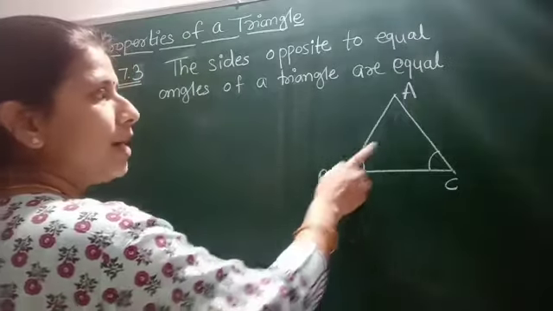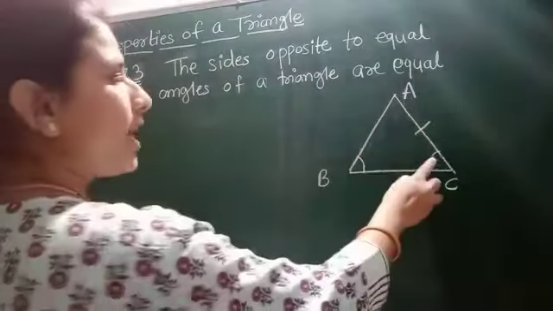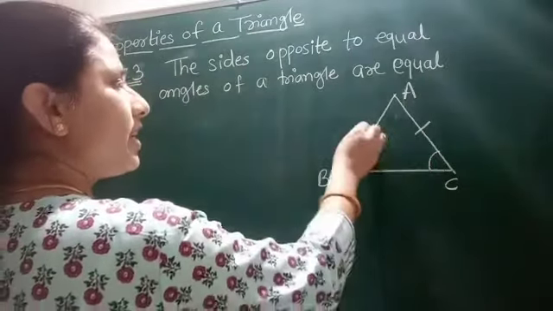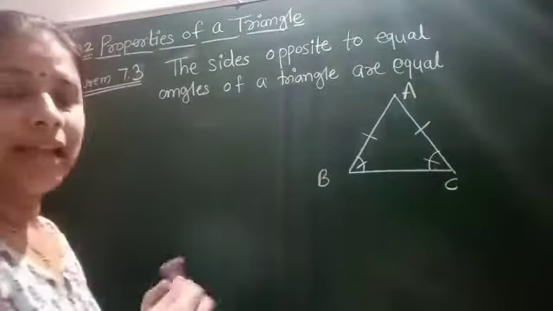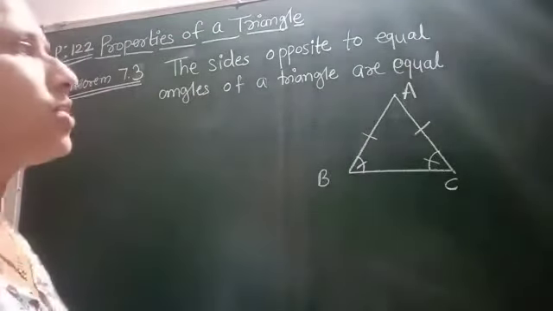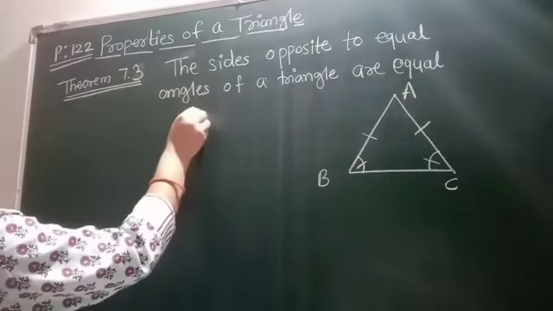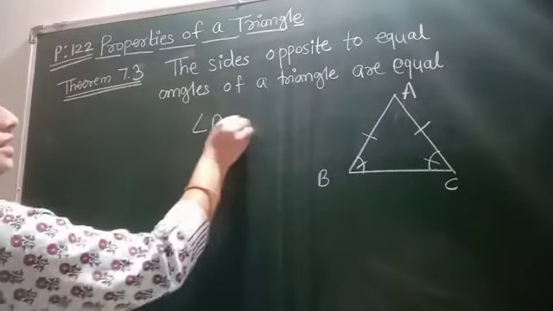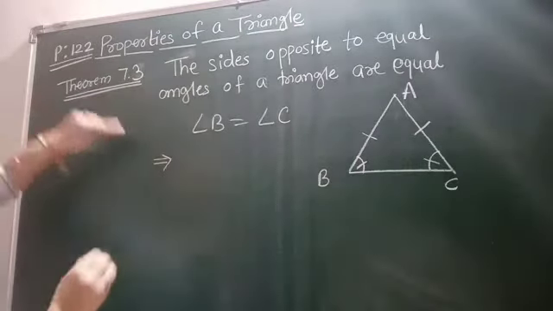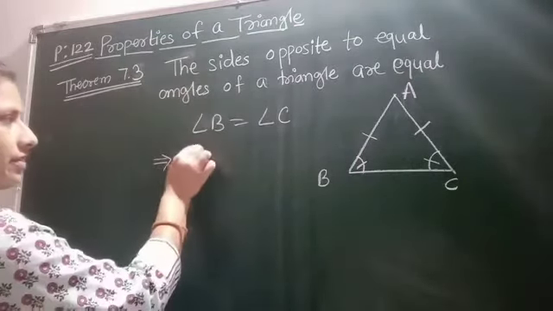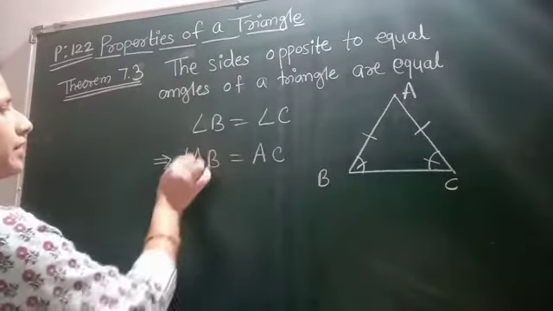Then, which side will come opposite to angle B? Yes, AC. And which side will come opposite to angle C? AB. So if the angles are equal, then their opposite sides will also be equal. So it is just the opposite of theorem 7.2. Here angle B is equal to angle C is given, so according to this theorem, we can easily say AB will equal AC.